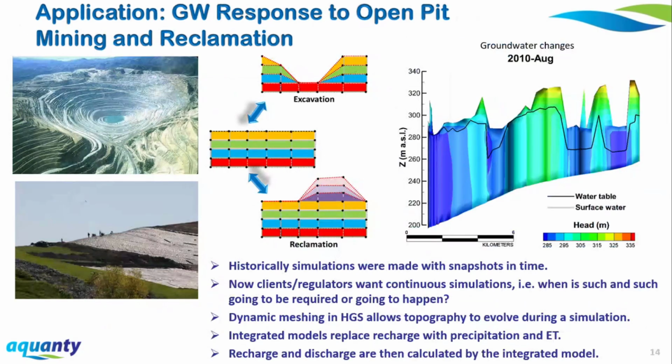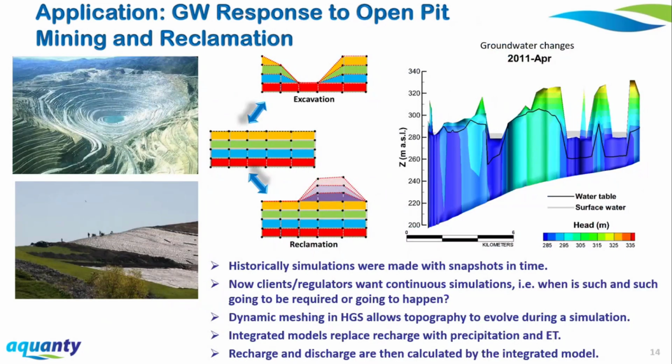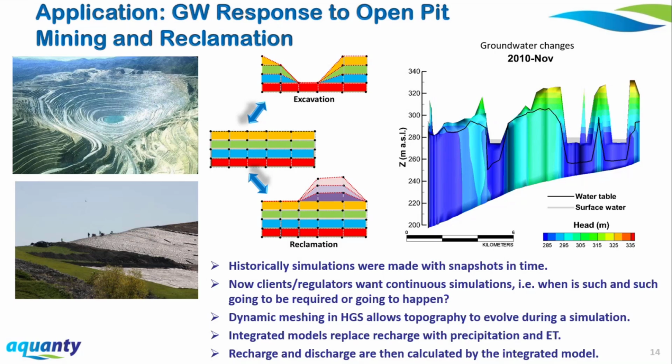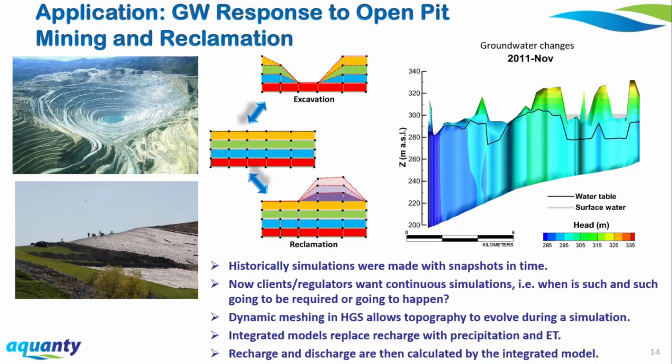So here we have a mining application where the unknown is that the land surface is changing with time. So we might have historic data to calibrate a model, but we don't have future data. We're getting more and more requests, from both the client side and the regulatory side, for continuous simulations.